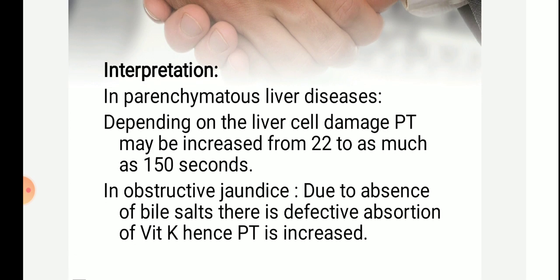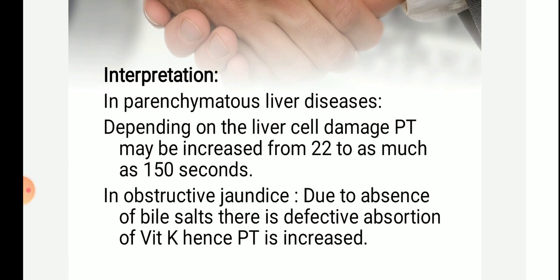In obstructive jaundice, due to absence of bile salts, there is defective absorption of vitamin K, hence PT is increased. See, important one here, the relation between PT, vitamin K and the liver. In obstructive jaundice, due to absence of bile salts, vitamin K is not absorbed properly. Hence prothrombin time is increased.